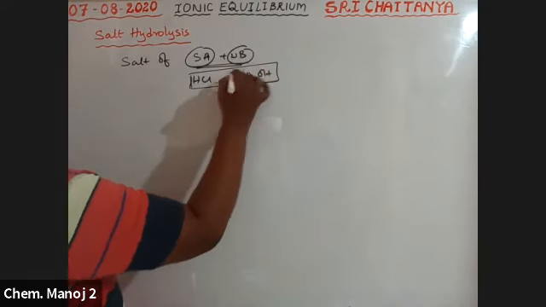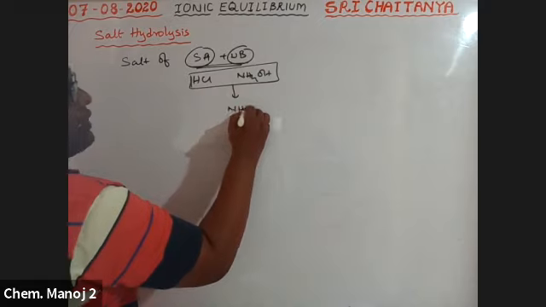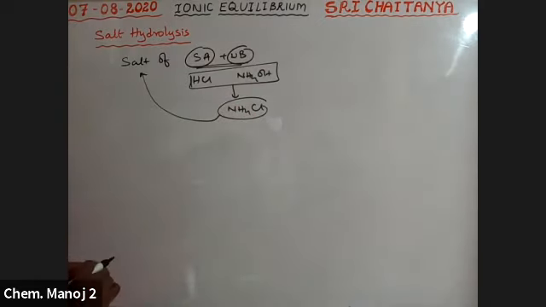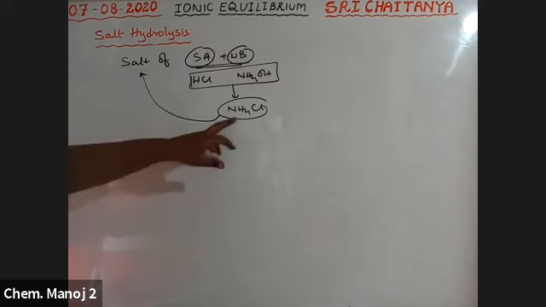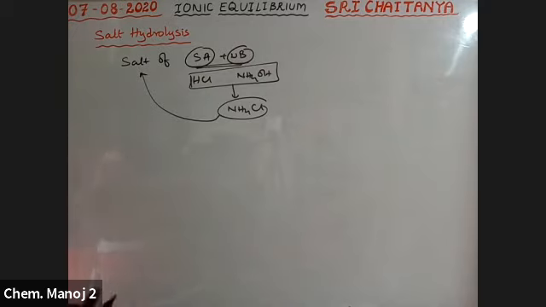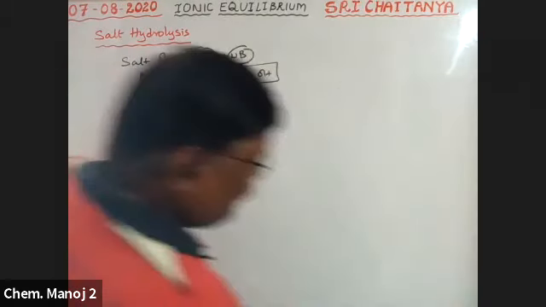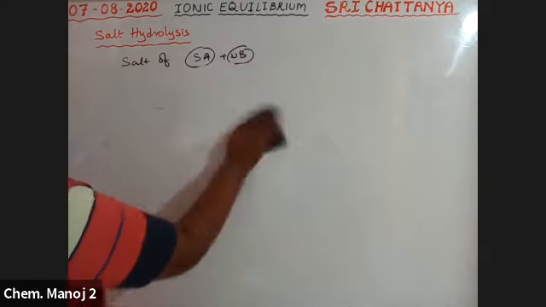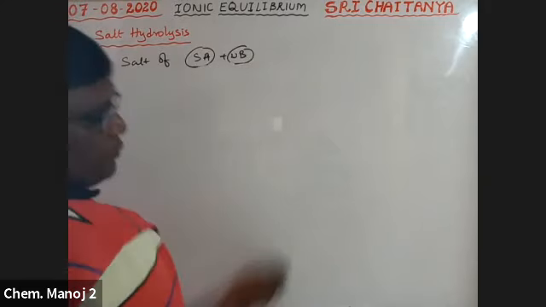By the combination of these two, the salt is NH4Cl. It is a salt of strong acid plus weak base. So now our topic is about NH4Cl.